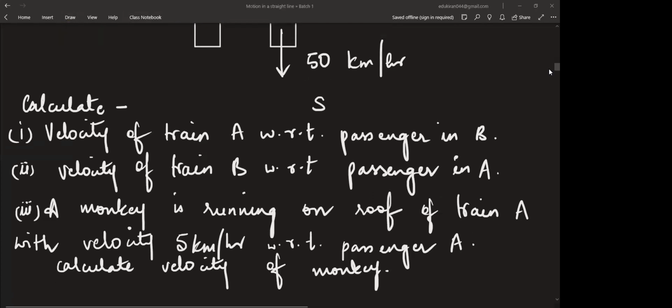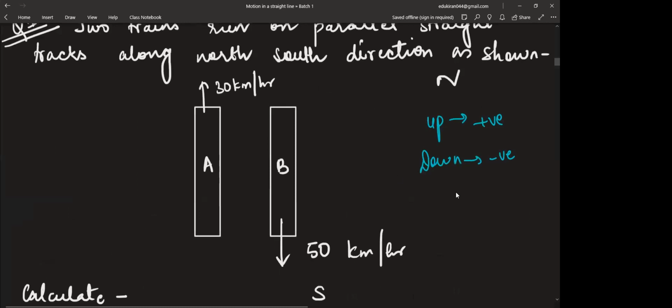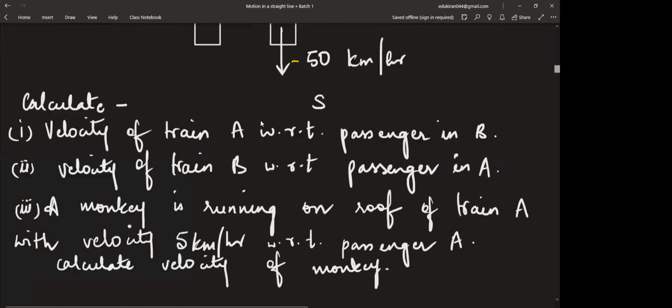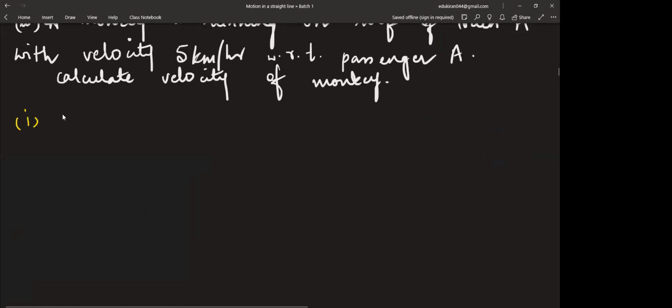See, class, in this question, this sign convention I've already written. So upwards will be plus, downwards will be minus. Now we have to calculate the velocity of A with respect to B, and B with respect to A. So in the first part, when we are calculating VAB, this is VA minus VB.